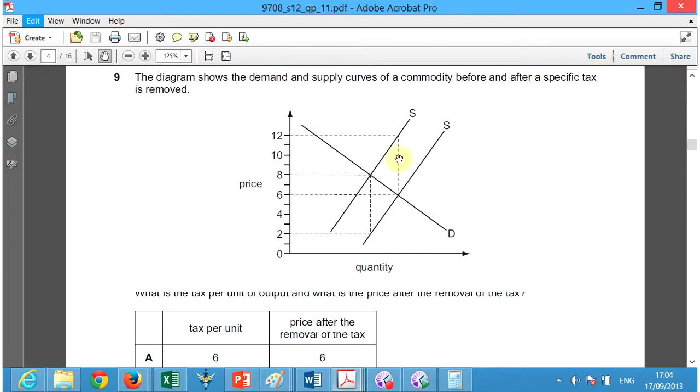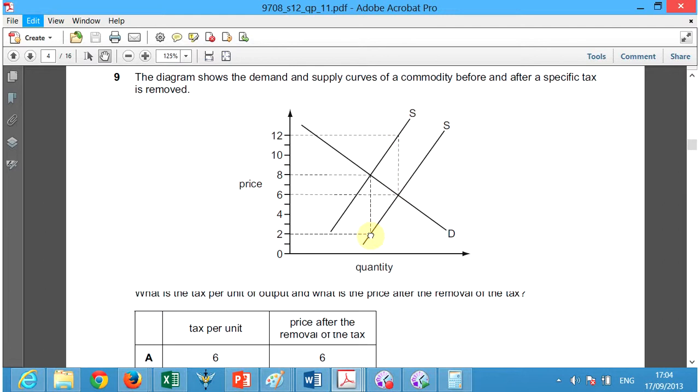The quantity demanded price is higher to reflect the tax. See? Here, the quantity demanded, at some random level, before the tax was here. And because there is a tax, the tax makes each good more expensive. You have the price of the original good plus how much the individual tax is. So you're here.